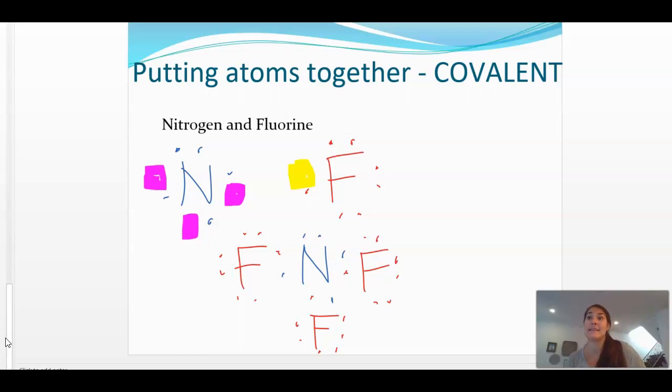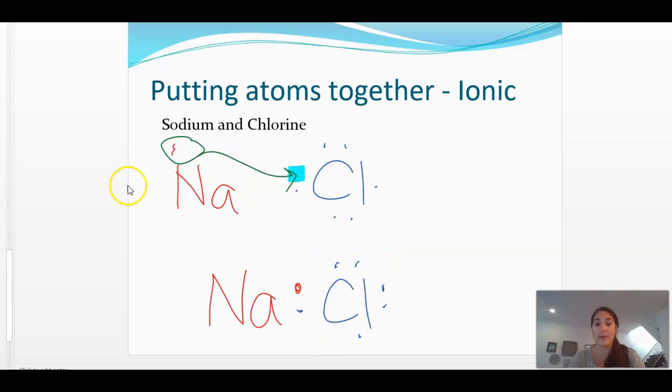Again, the idea is that something is losing, sharing, or gaining. These are the different things that can happen to electrons in order to get those 8 dots around an atom. What was different with covalent is that we were seeing 8 dots for everybody, whereas in the ionic example, we only have 8 dots around chlorine, because sodium literally gave away that electron.